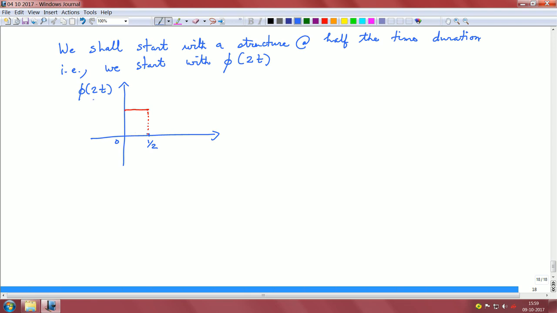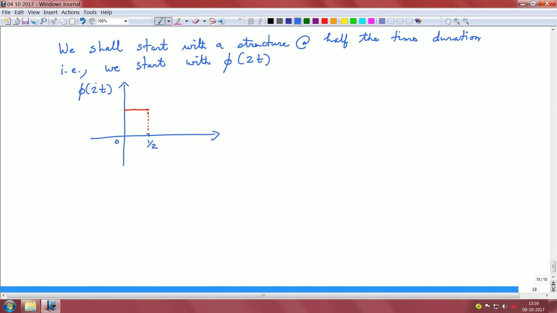Therefore, if I have numbers greater than 1 as the coefficient of t, I am basically shrinking in time, and if it is phi of t by 2, t by 4, t upon 8 and so on, I am basically stretching the function. So, I can stretch or I can compress depending upon how I modulate the coefficient in front of t, right. And again I can think about time translates of these.